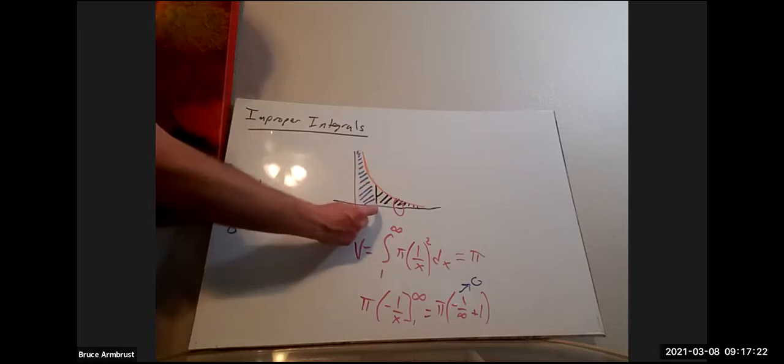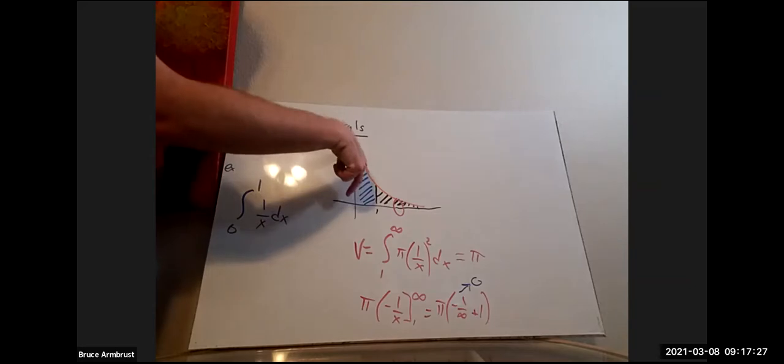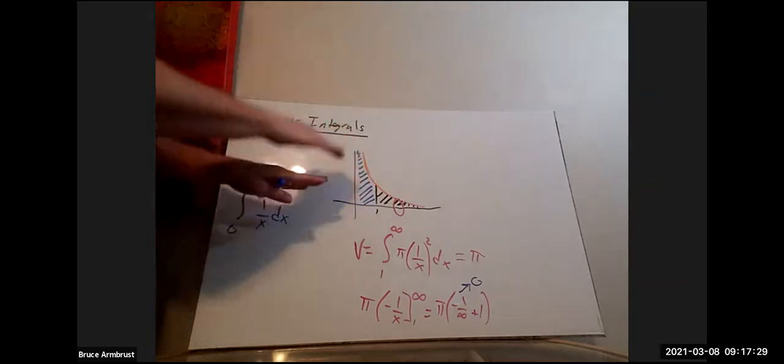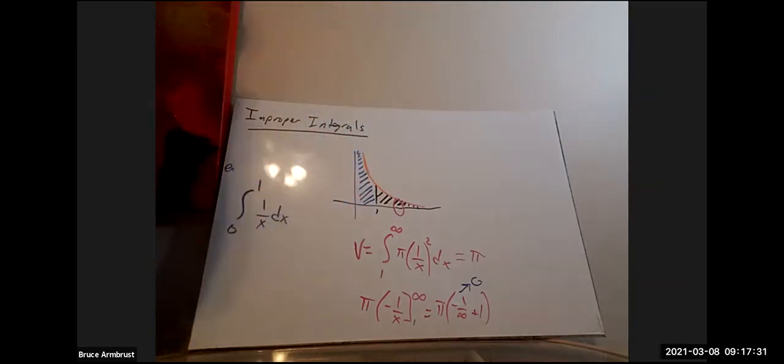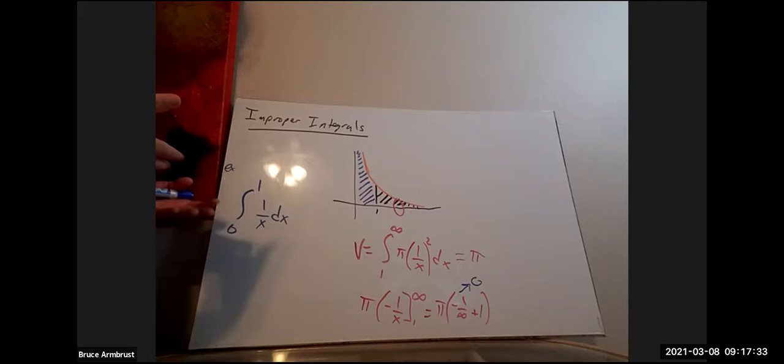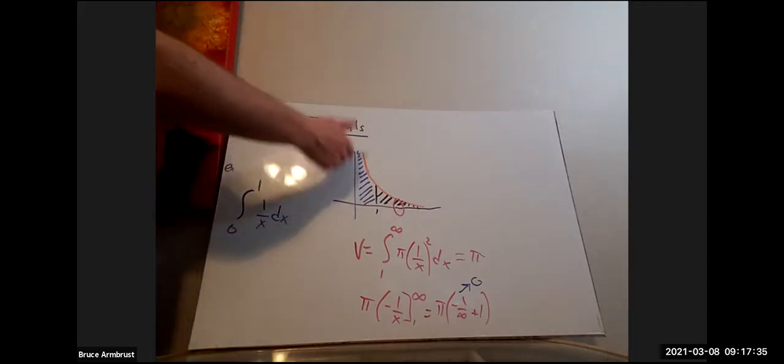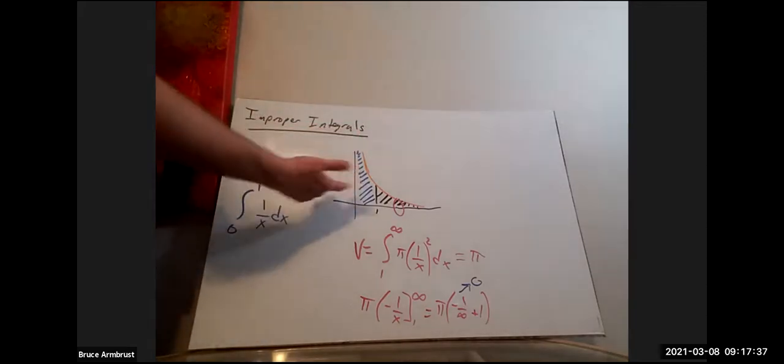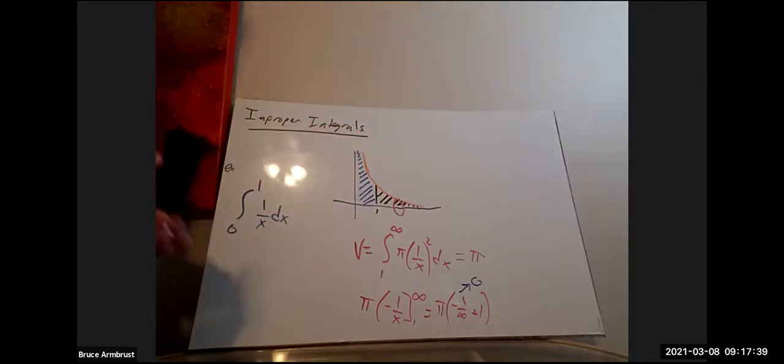Now those rectangles all have finite width, but the ones closer to 0 are growing bigger and bigger and bigger. And as we make more of them, those smaller rectangles get yet even taller because of the going to infinity. So we have kind of the same issue of we're adding up forever, but those things that we're adding up just get bigger and bigger and bigger. It's still going to be an infinite integral.